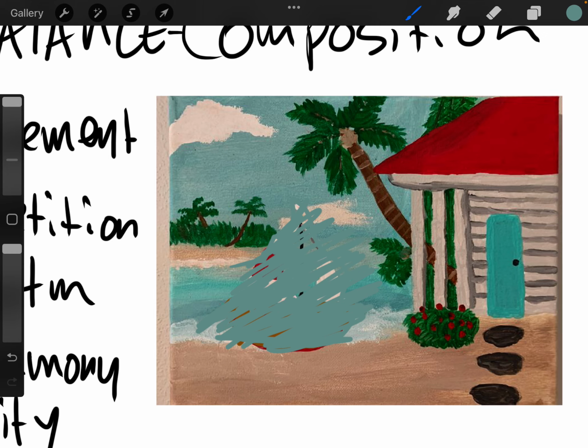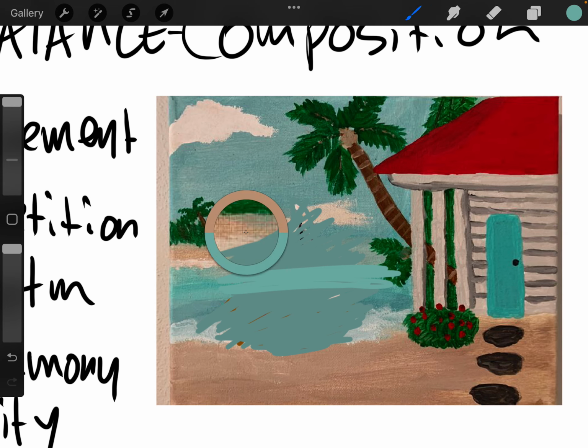So you can do that by changing the emphasis, see? So whatever is the most dominant thing, the thing that you see first, is what is going to be emphasized, see?